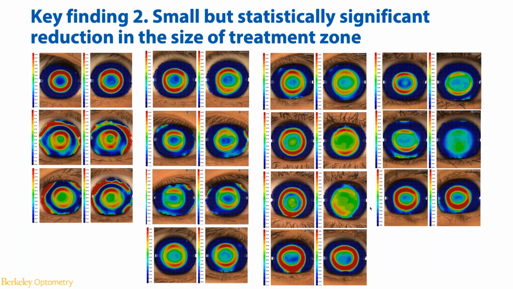So as you can see, even though the difference is pretty subtle, if we're comparing the size of the treatment zone on a tangential display, on average, we're seeing about a 0.2 millimeter smaller treatment zone size with the 5mm OZ design compared to a 6mm OZ control.